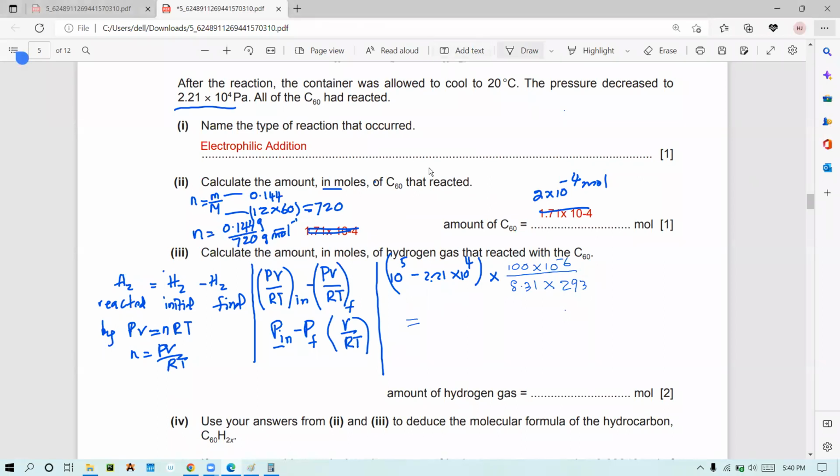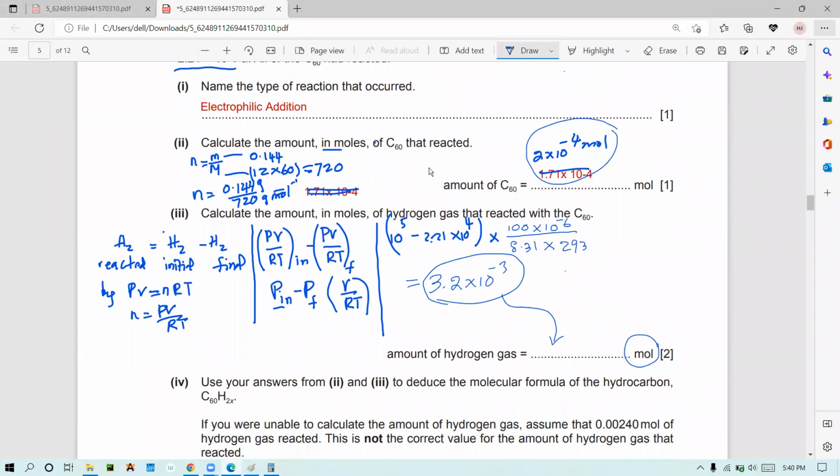The simplification will give you 3.2 into 10 to the power negative 3. This is the amount of hydrogen gas in moles. Now see, C60 is this many moles, hydrogen moles is this much.